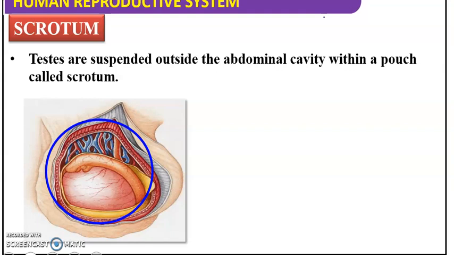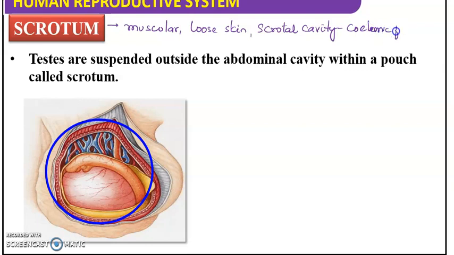Now this pouch, the scrotum, is highly muscular in nature. It has a loose skin outside, and this muscular structure has a scrotal cavity inside, which is filled with coelomic fluid.